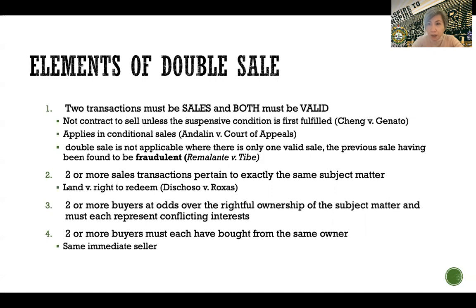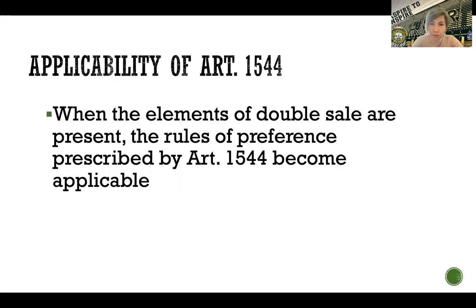So dapat identical jud sila o seller. So once you know that the rule on double sale is applicable to a given situation, then that's the time that we apply Article 1544 and the rules of preference prescribed by that article.